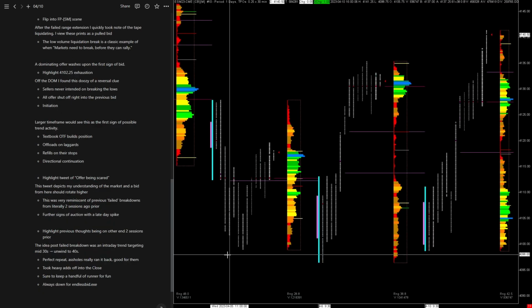I mentioned earlier in this video that there was this concept of a trend day container forming, and you'll notice that these patterns are very repeatable in the market. This is a classic example of a trend day, in which a buyer, or rather an other time frame player, appears and enters the market.